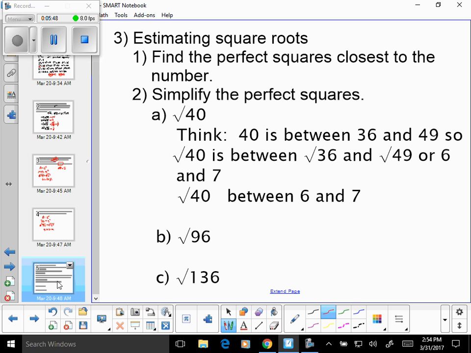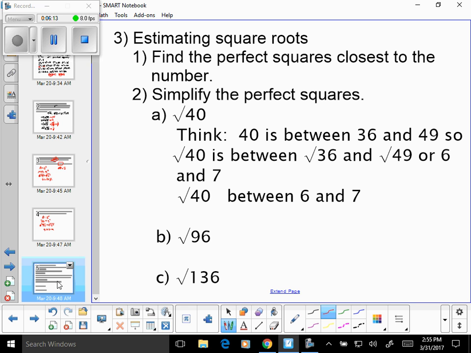Another skill I'm going to utilize is estimating square roots. What happens if I don't have a perfect square? For example, here in 2a, they want to know the square root of 40. We can't do this unless we use the square root key on a calculator, and we won't get to that today. What we're going to do, however, is find the perfect squares that are closest to the number.